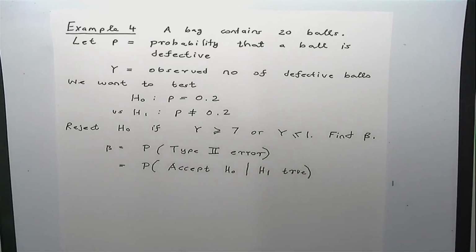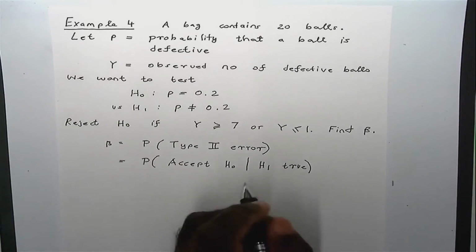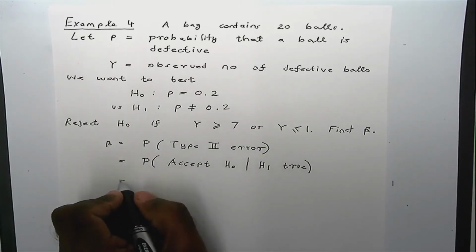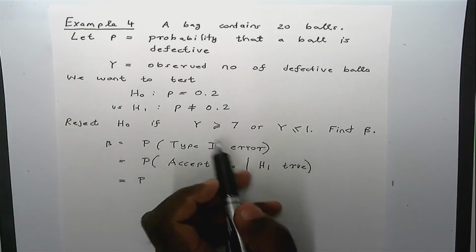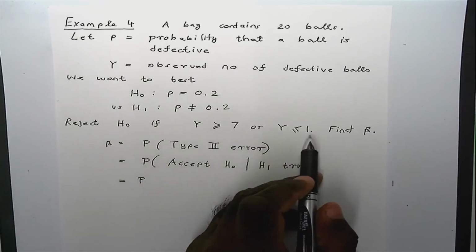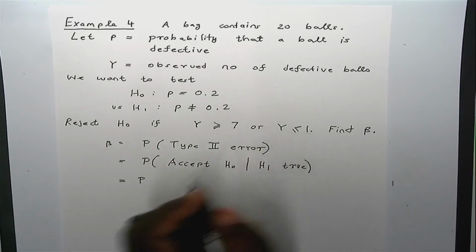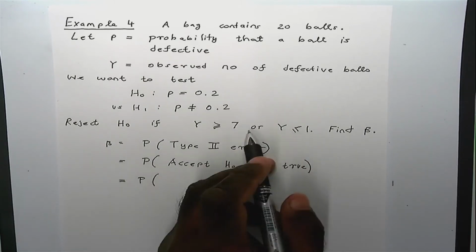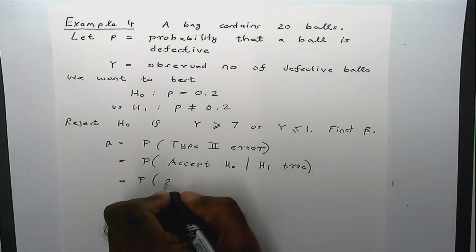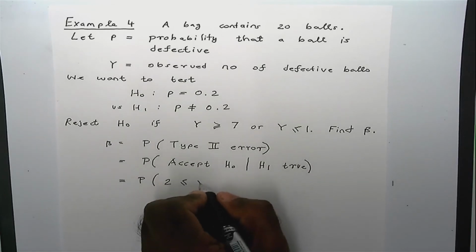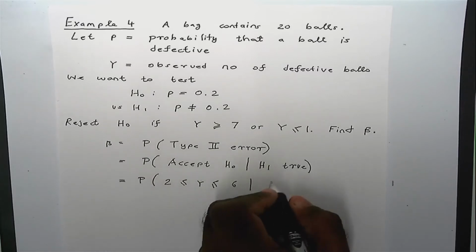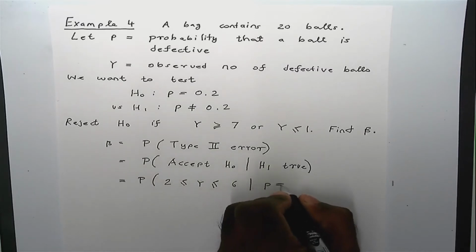Now remember, accept is the opposite of rejecting. We reject if Y is greater than or equal to 7 or less than or equal to 1. So that means we accept if the opposite of this is true, which is Y between 2 and 6, and H1 is true if p is not equal to 0.2.